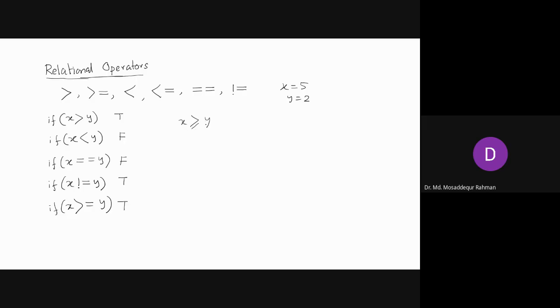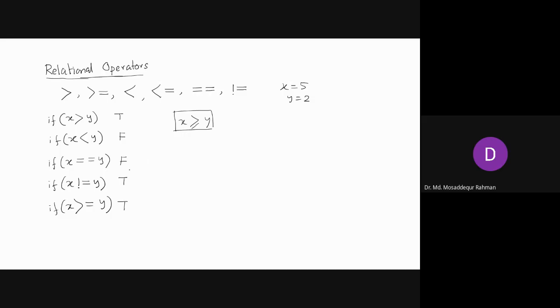X is greater or equal, something like this. In programming we write it like this, same thing. So it shows the minimum value of x that it can have, which in this case is the value of y, right?